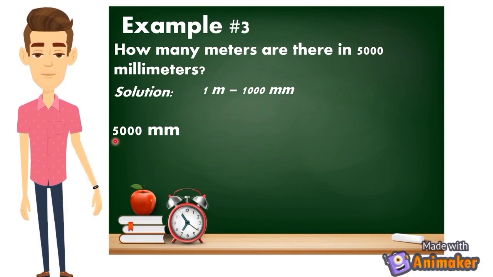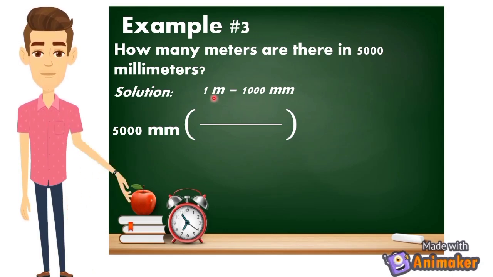For this one, 5,000 millimeter, given natin. So, yung 1,000 millimeter ay nasa baba kung ano yung common na ating hinahanap or common unit of measurement. Always remember again, laging nasa baba ng ating fraction or yung denominator. 1 meter is equals to 1,000 millimeter.